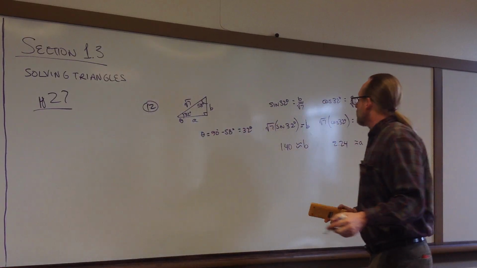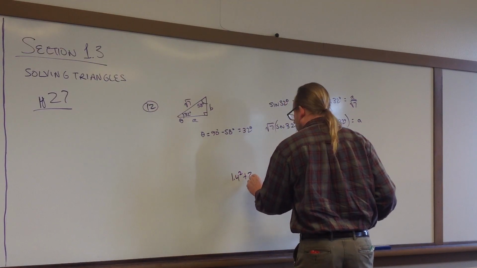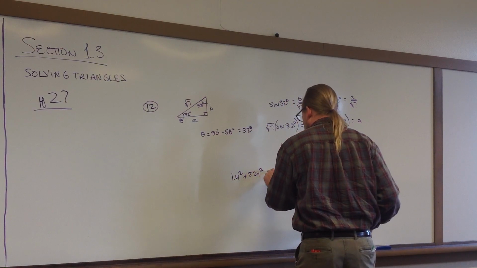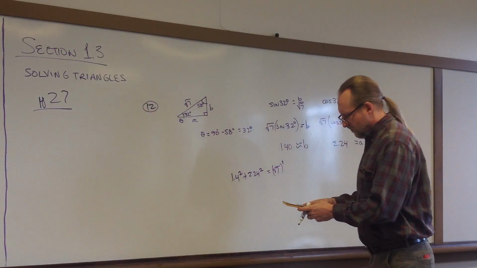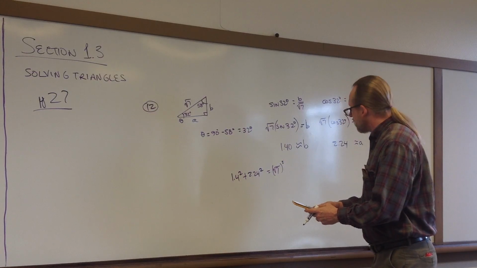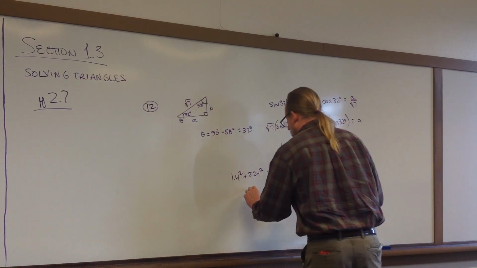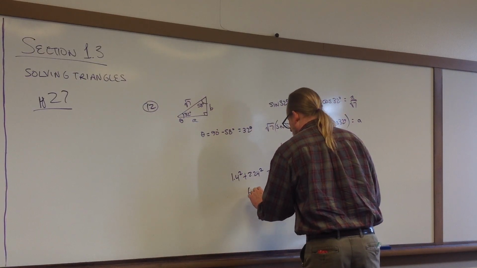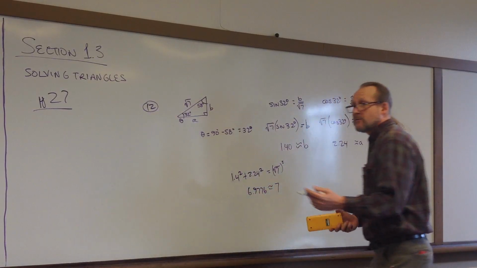And then let's see, just for fun, if we do 1.4 squared plus 2.24 squared, do we get 7? Let's see, 1.4 squared and then 2.24 squared, 6.9776. So that's approximately equal to 7.